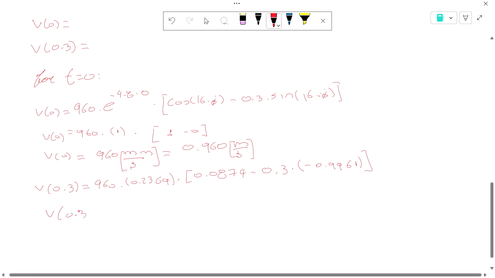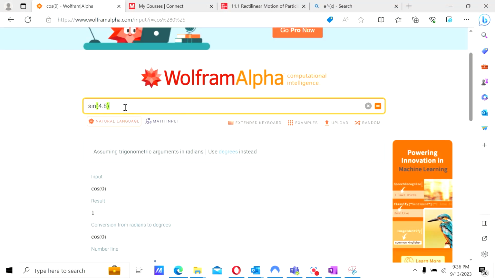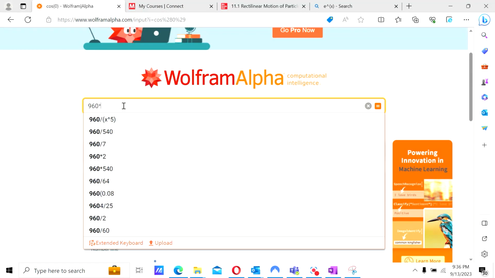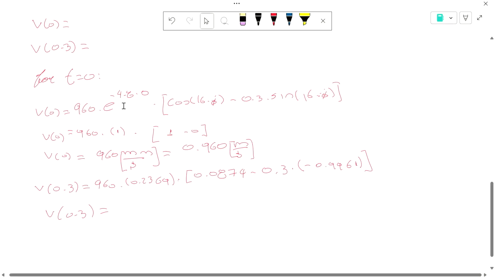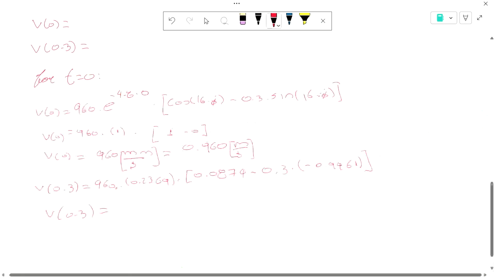Okay, that's good. Let's do this one right here. V at 0.3 is just computing this amount of numbers. 960 times 0.2369, 227.424.